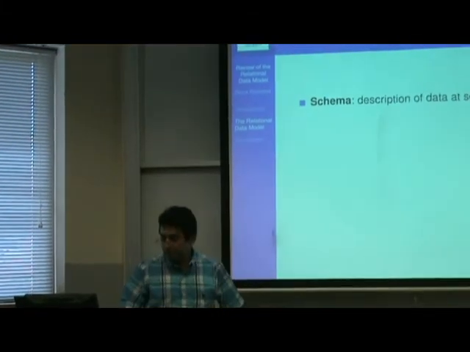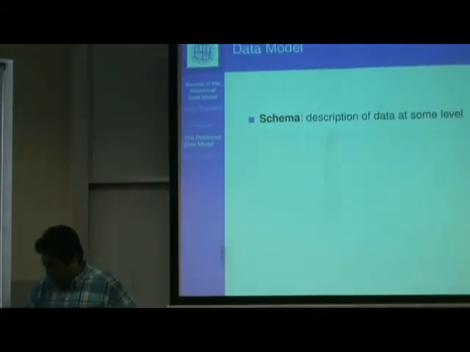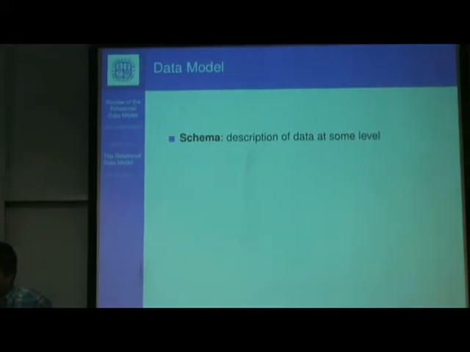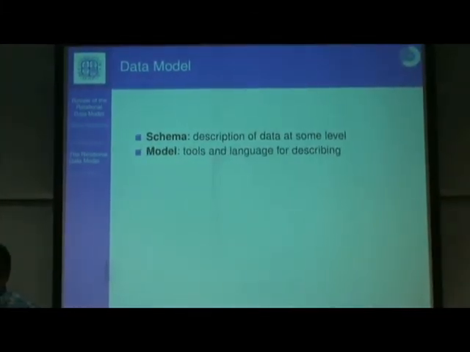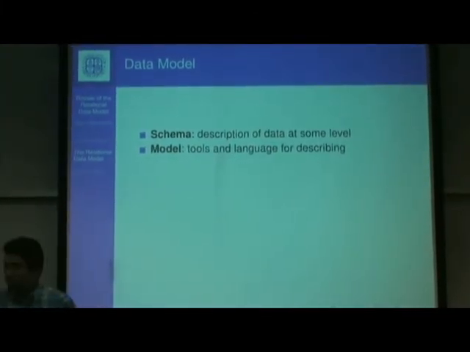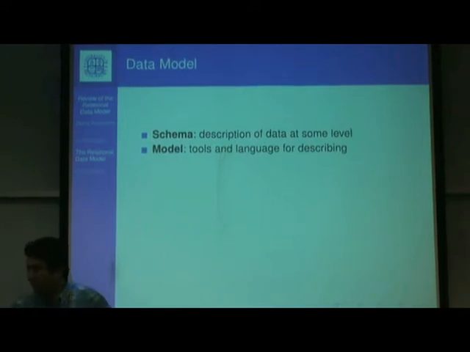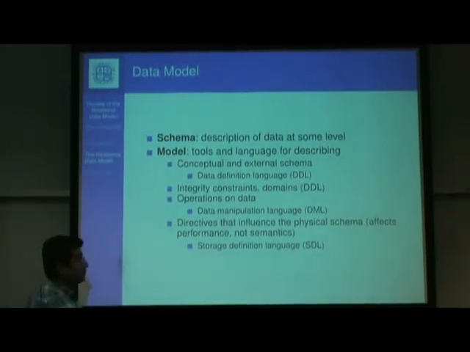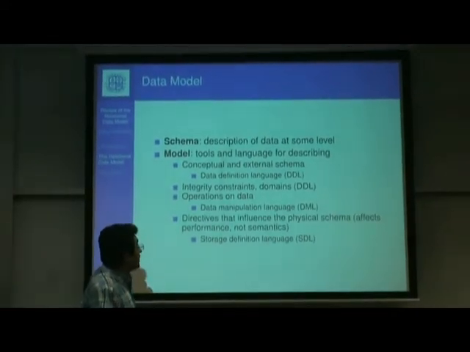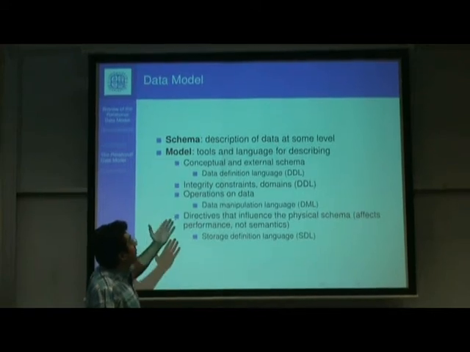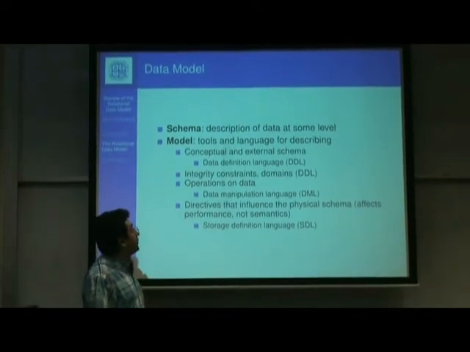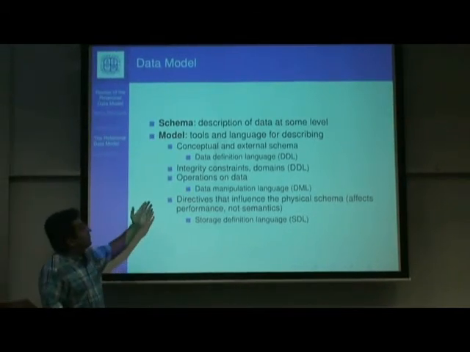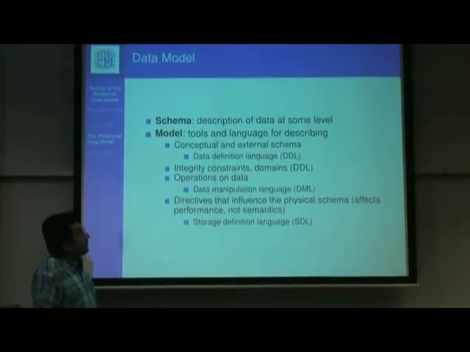We studied schema, which was a description of data at some level. What is a model? A model is tools and languages for describing different aspects of data in databases. For example, tools and languages to define conceptual and external schema, which is called data definition language. Tools and languages to define integrity constraints.